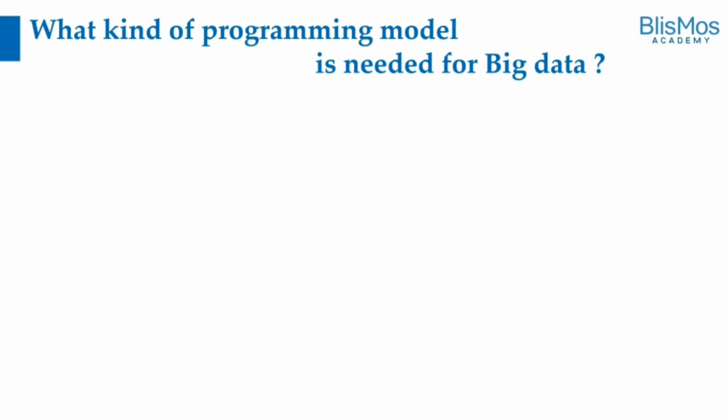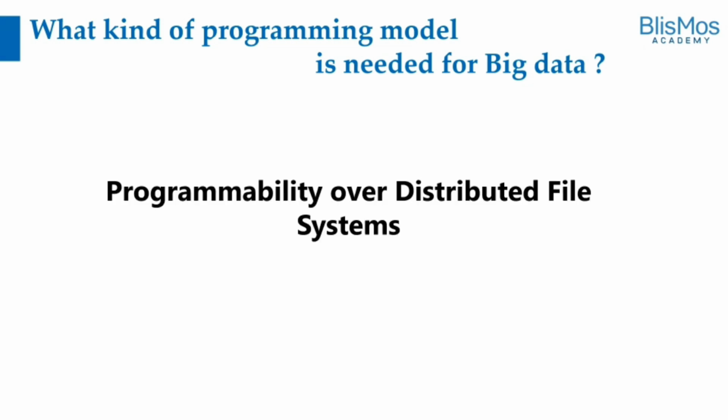Now we understood that we need a programming model for distributed processing, and what a programming model is. We have already seen what big data is. What kind of programming model is needed for big data? Any thoughts? We need a programming model which has programmability over distributed file systems or distributed storage.